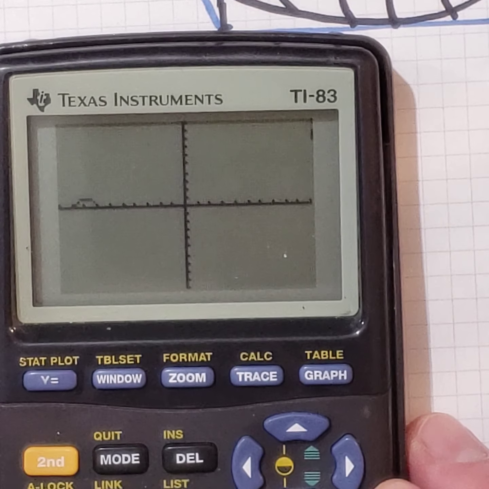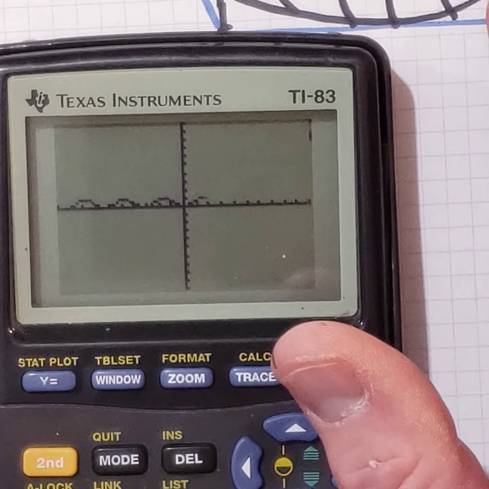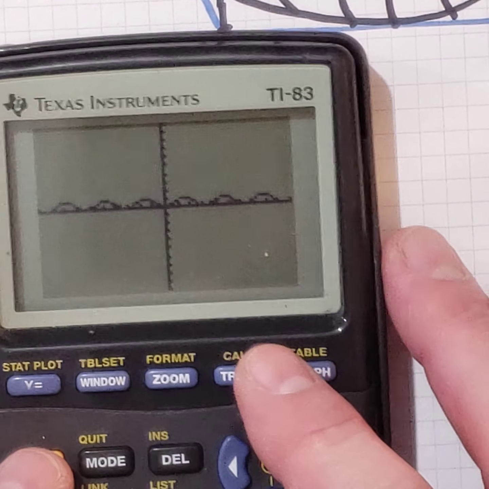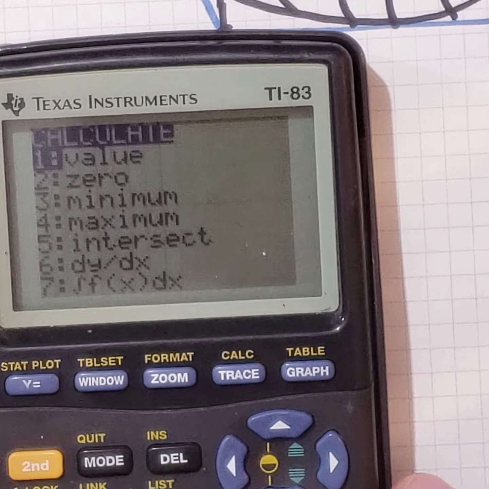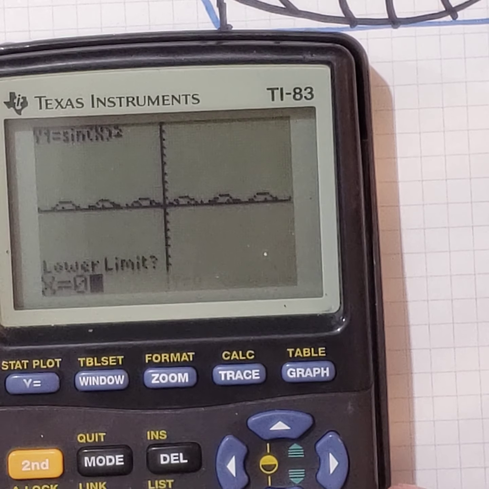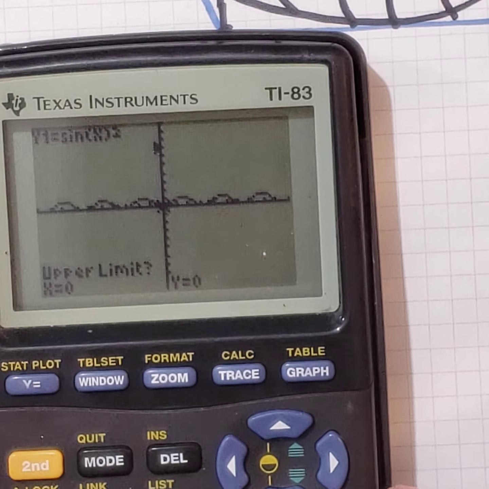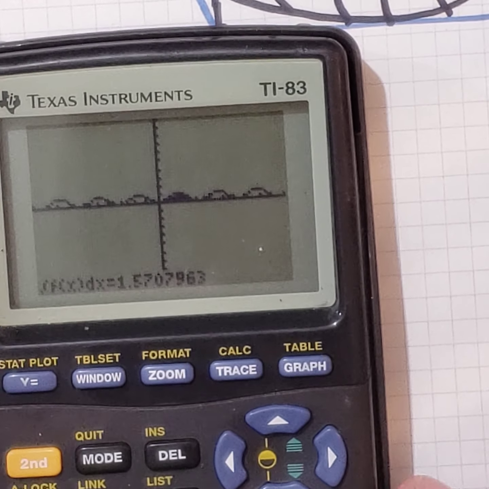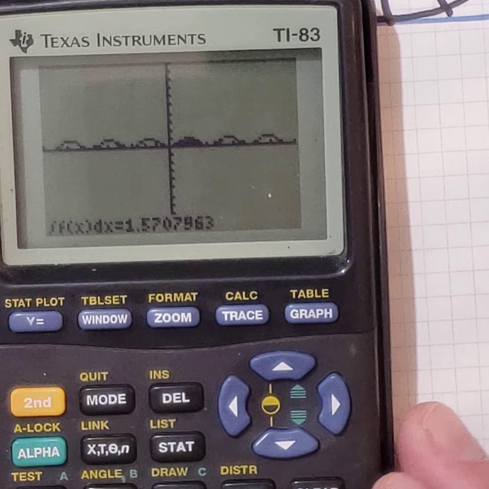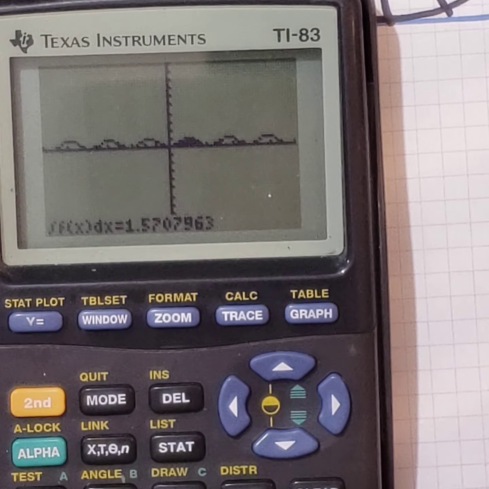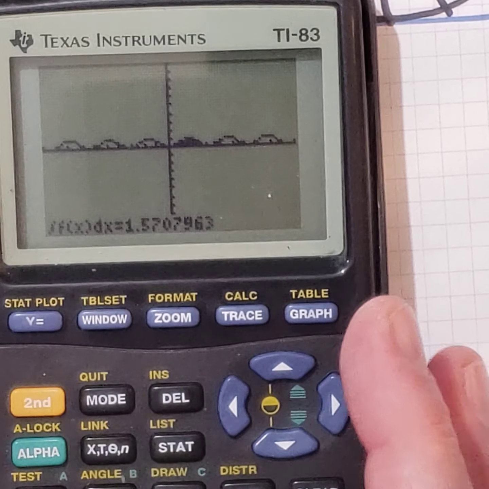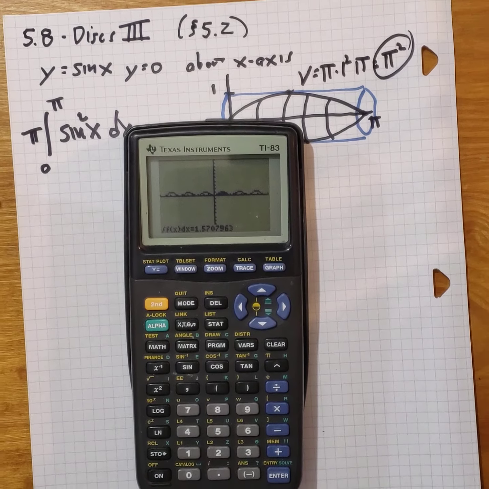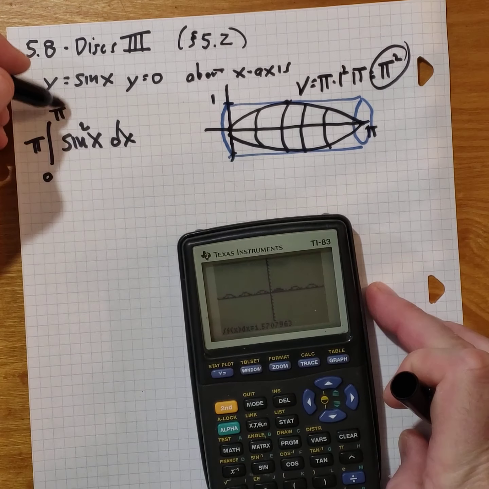And if we go to the graph, which is unimportant and not really terribly related to the picture we're looking at, we know how to use this second trace 7 to go from 0 to pi. 1.57079, whatever. So we've got ourselves a decimal approximation here for this part.